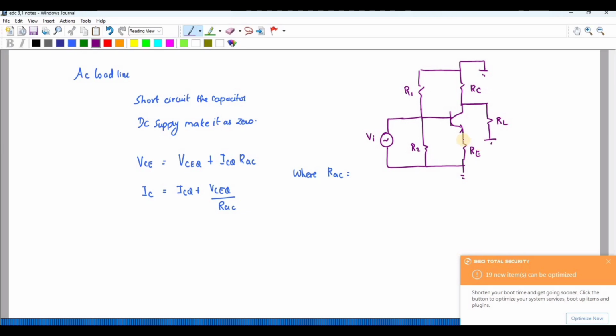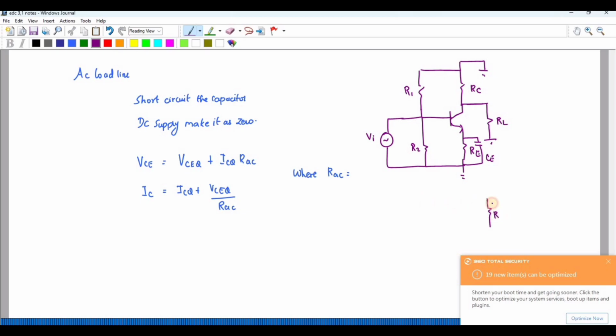Consider that the capacitance C is also connected. So since C is connected, this is short circuited, so there is no use of the resistor here.